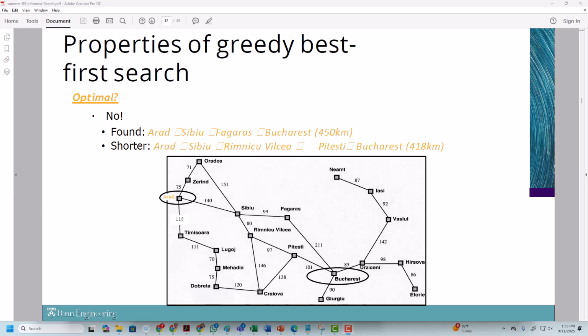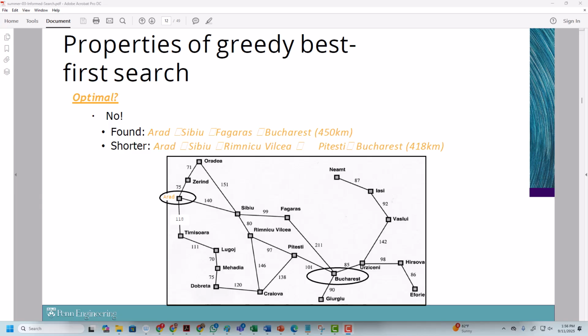That's why it's called greedy. At every step, it just jumps towards the goal without considering the longer-term cost. Finally, note that the tree search version is incomplete, because in tree search you can have an infinite loop, Arad, Sibiu, Arad, Sibiu, Arad, Sibiu.